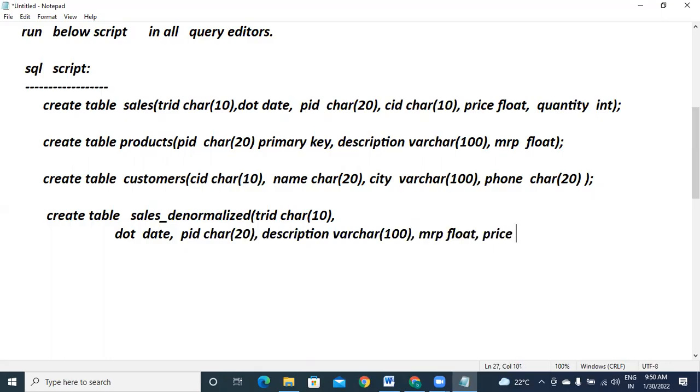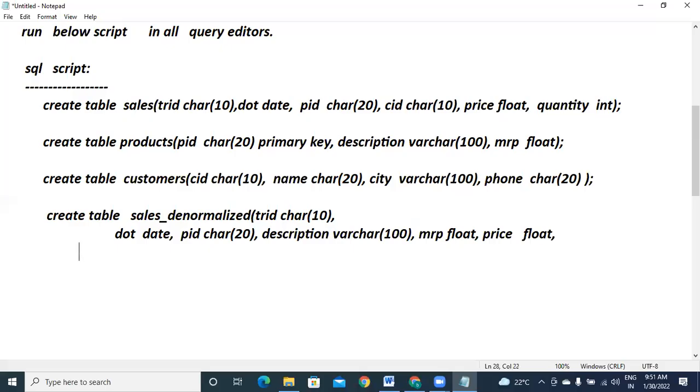MRP different, price of transaction different. Suppose the course fee of our course is 15,000. But at the time of the transaction, after bargaining, you may pay only 14,000. This 14,000 is the price. The maximum retail price is 15,000. That means price means sales price. Price I am keeping as float.